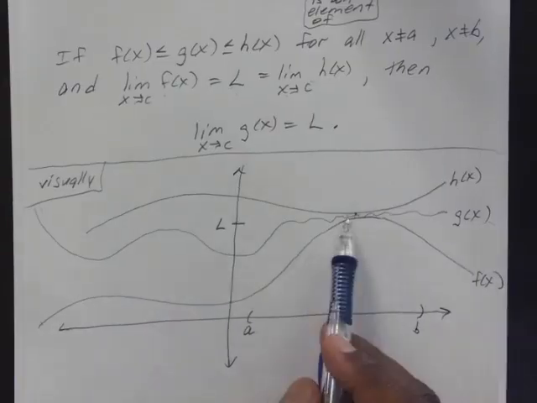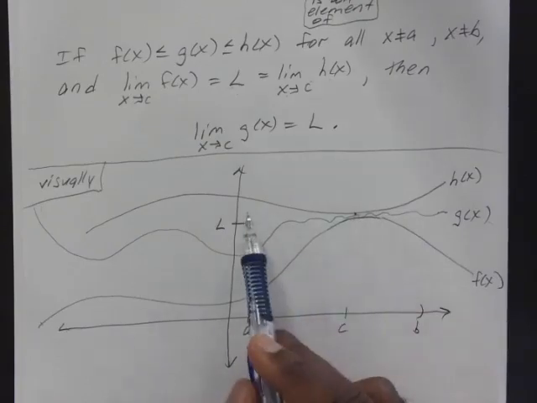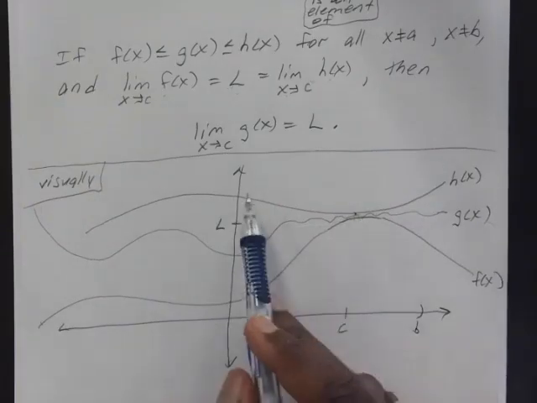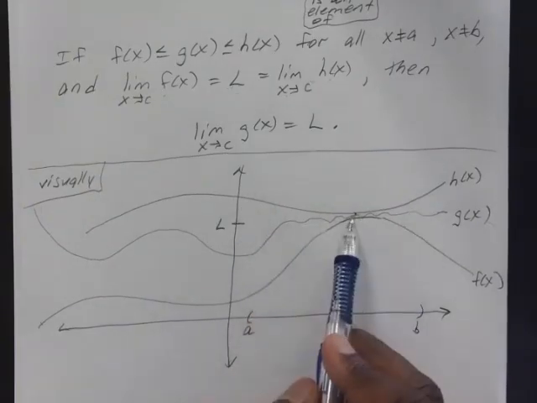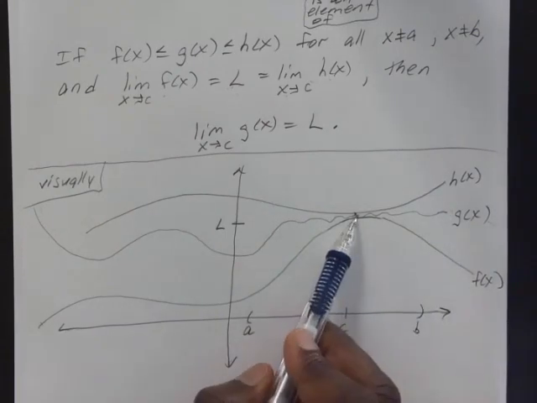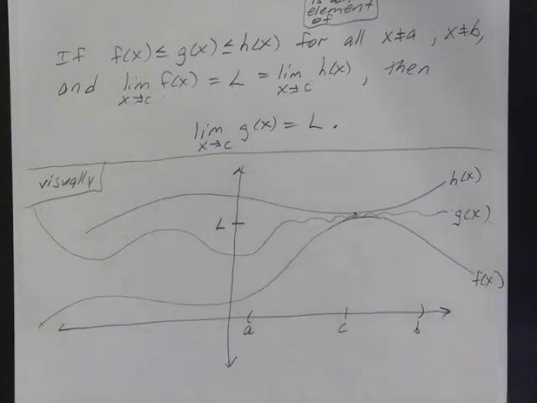If the function below it has a limit value of L, and the function above it has a limit value of L at x approaches c, then we can say that the limit of g of x as x approaches c is also that same value.